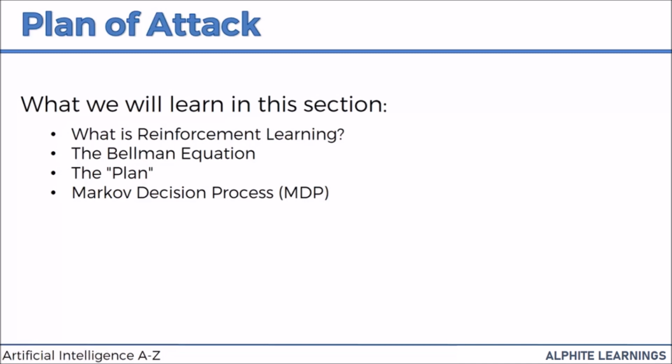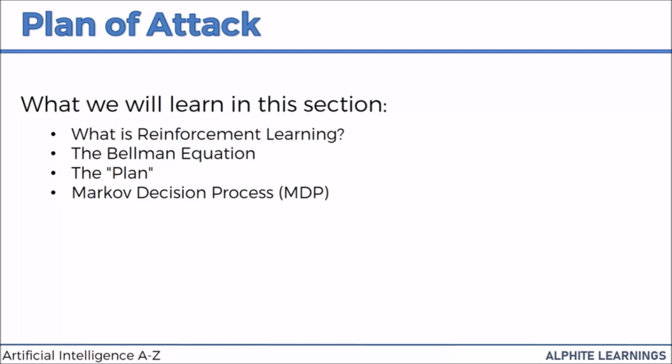MDP is Markov decision process. It's related to decision making: if there is a system, what kind of decision it is supposed to take under certain circumstances.